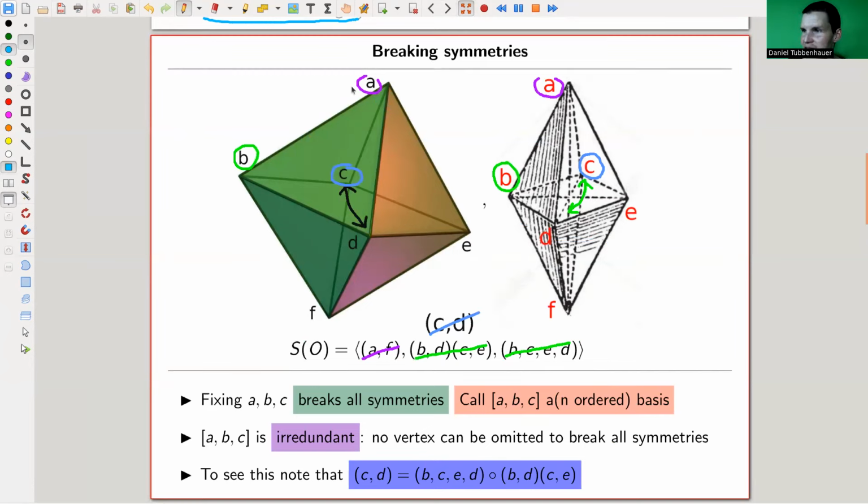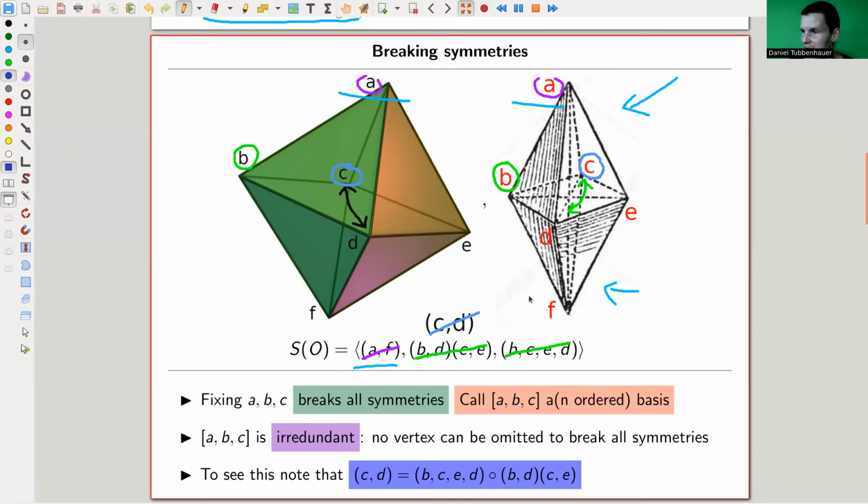If I fix A, then my first symmetry clearly dies. If A is fixed, then I can't swap it with F anymore. There's no other operation I can do to A, and so there's no other operation I can do to F. So this symmetry dies. And if I fix B, then actually the B ones die as well, but there's still the composition CD, so I need to fix C as well, and the final thing dies.